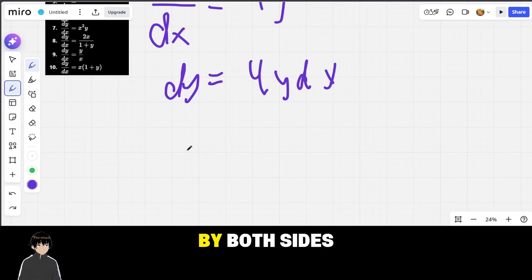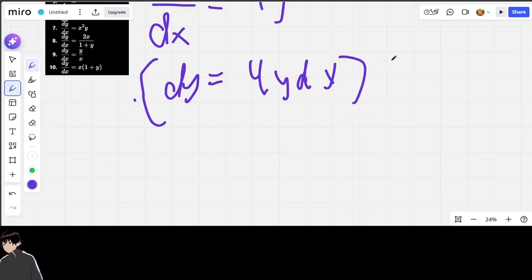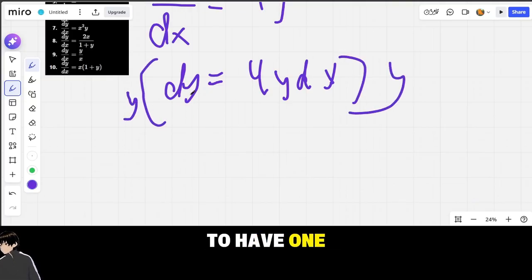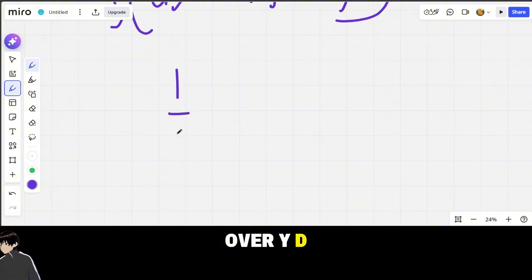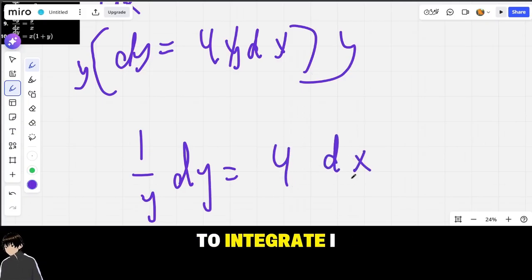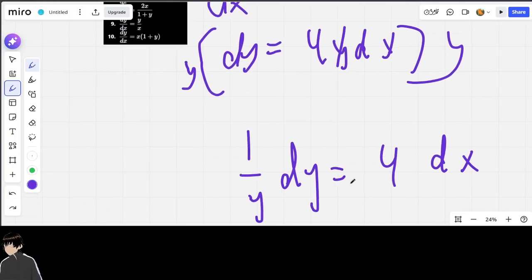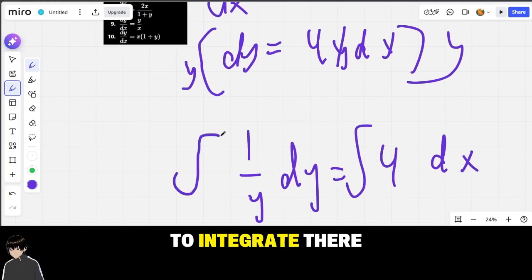Integrate both sides, dividing both sides by y. Then we're going to have 1 over y dy is equal to 4 dx, this cancels out. Now we have to integrate.